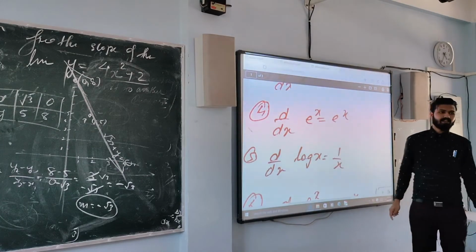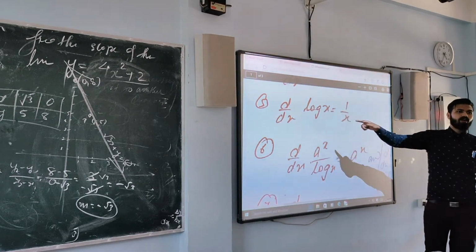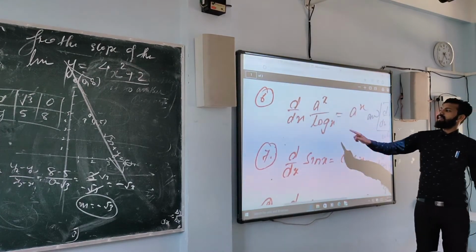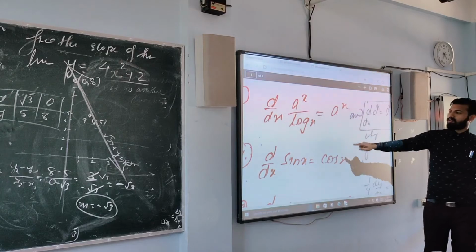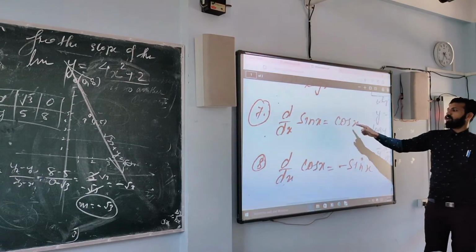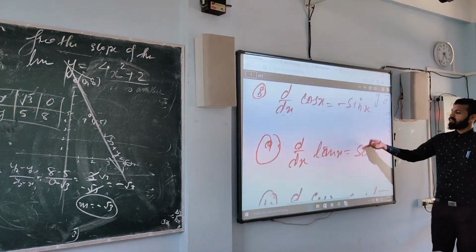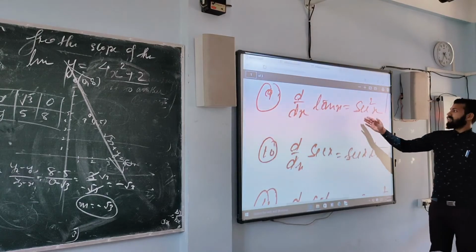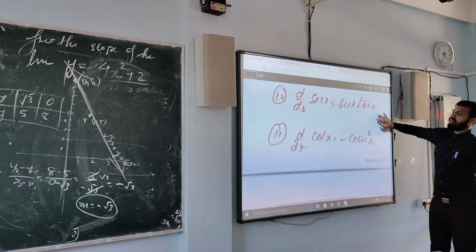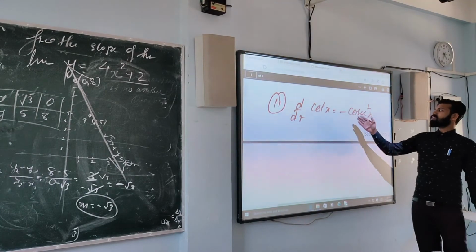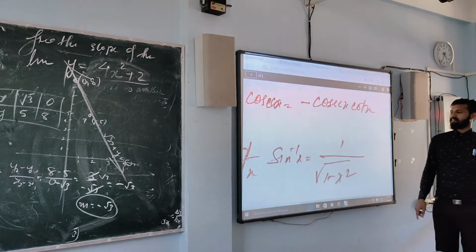d/dx of e to the x equal to e to the x. d/dx of log x equal to 1 by x. d/dx of a to the x equal to a to the x log a. d/dx of sin x equal to cos x. d/dx of cos x equal to minus sin x. d/dx of tan x equal to sec square x. d/dx of sec x equal to sec x tan x. d/dx of cot x equal to minus cosec square x. d/dx of cosec x equal to minus cosec x cot x.